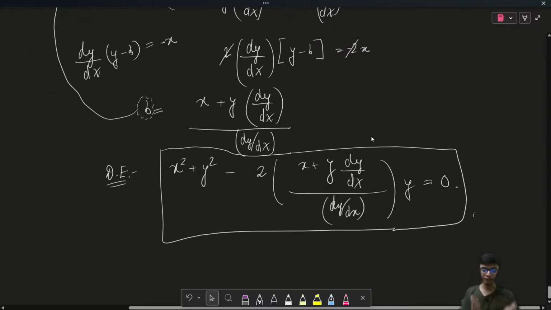Now we understand that from a given family of curves, I am able to get to the differential equation, right? So the formulation of the differential equation is the easiest step.